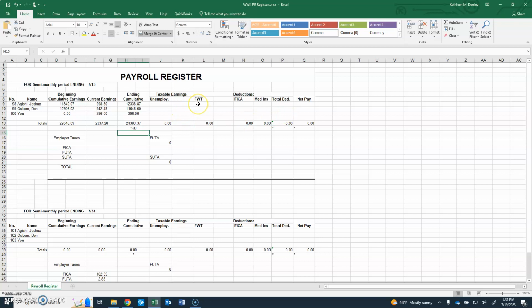So let's look at the FWT. To determine that, we have to use the publication 15, also known as the Circular E, from the IRS to look that up. We're going to need to know Joshua's filing status, assuming that he got hired in the last few years.